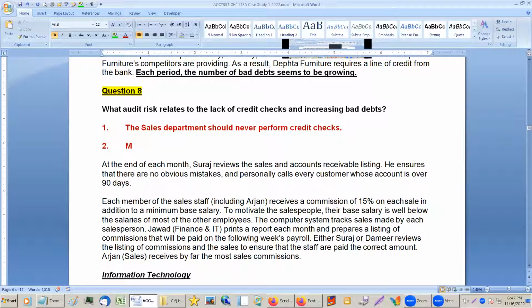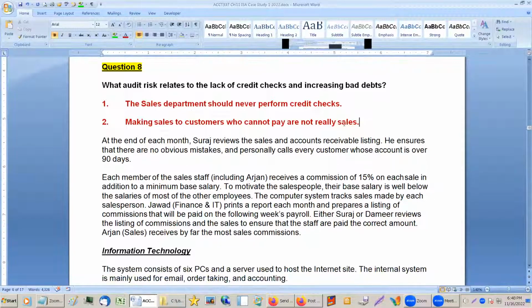Two, making sales to customers who cannot pay are not really sales.